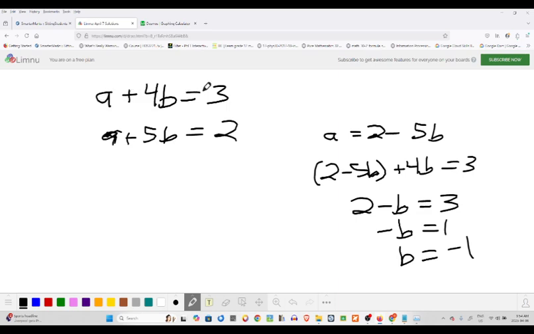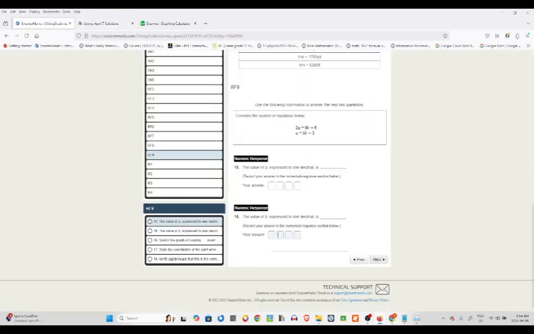Elimination: we could subtract the first equation from the second. That gets us directly to b equals negative 1. We could also apply the logic of saying, hey, that second equation is just one more b than the first. So we add 1b and we lose 1 from the total. Either way, we've got a few approaches here, all of which have gotten us to b is negative 1.